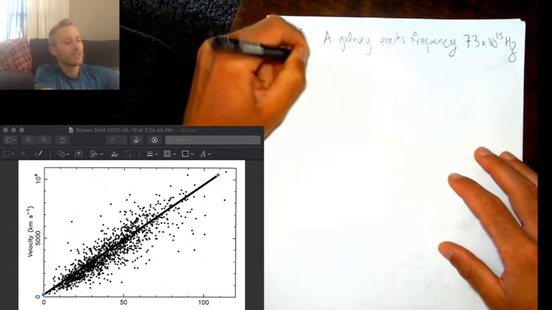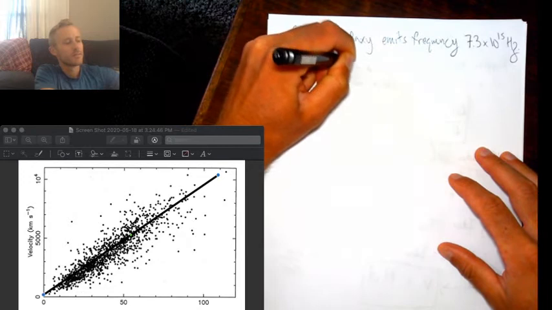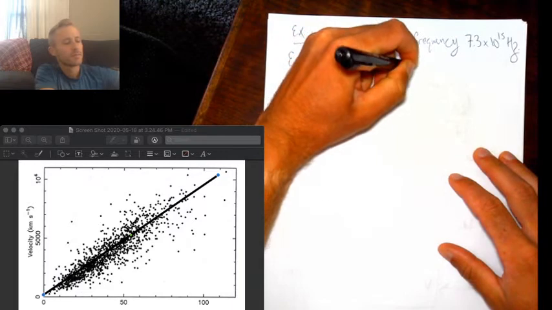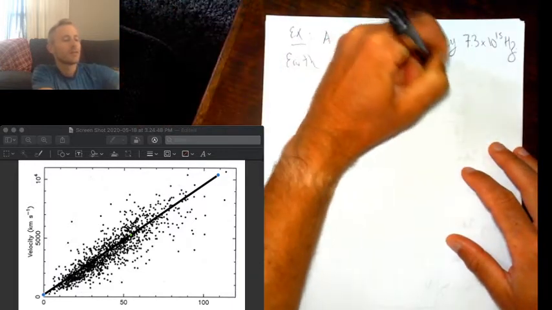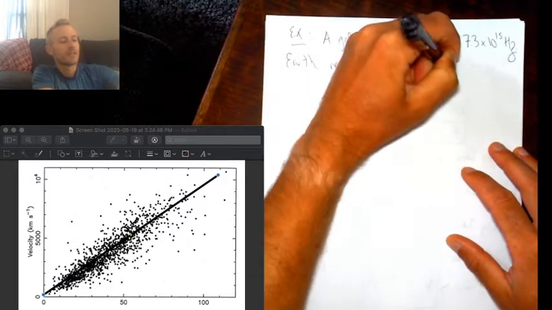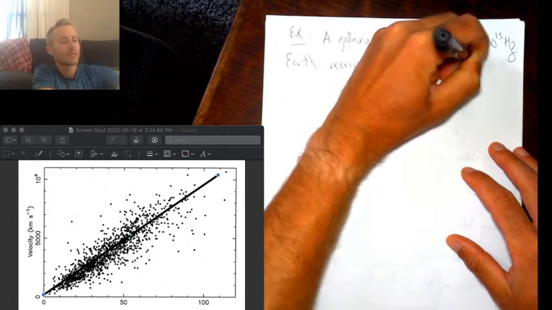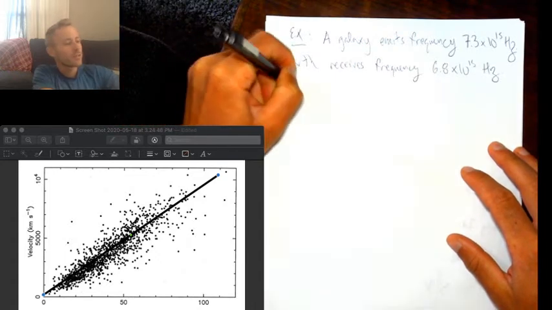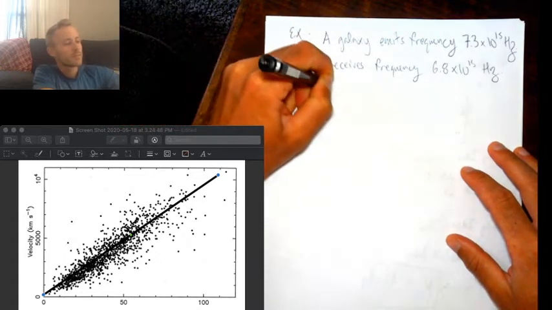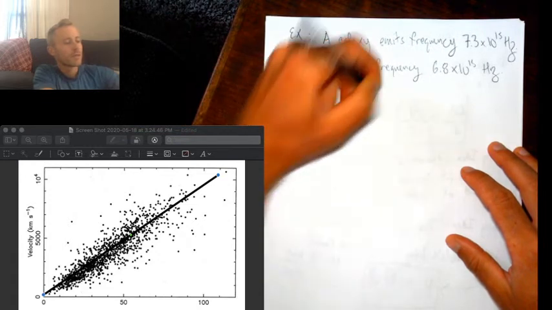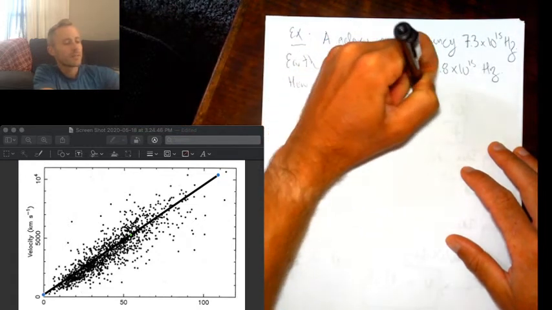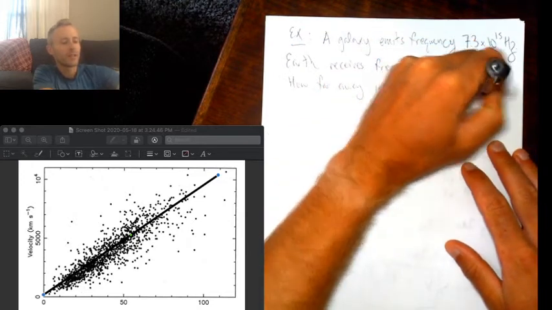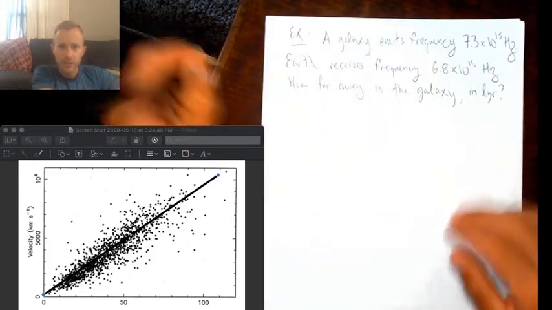Earth receives a frequency of 6.8 times 10 to the 15th hertz. How far away is the galaxy? And let's say that is in light years. We want to know how far away the galaxy is in light years.